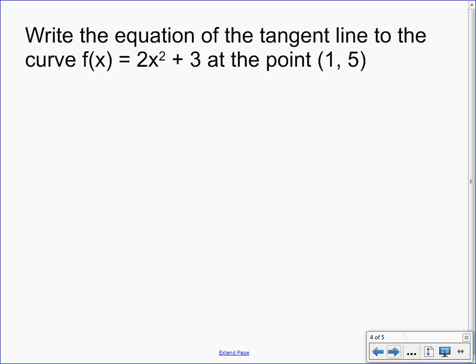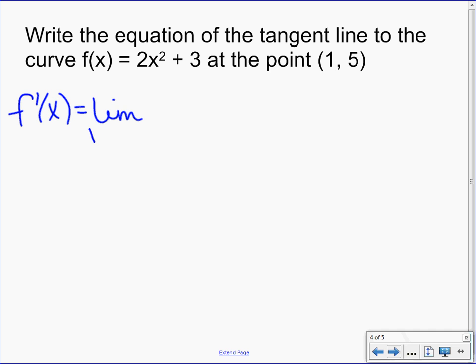First we need slope, correct? So first let's find our derivative.